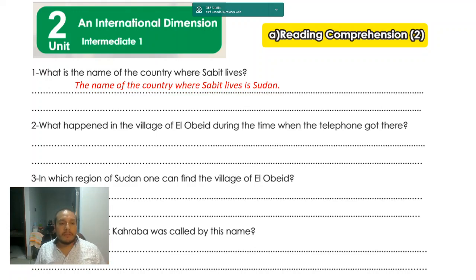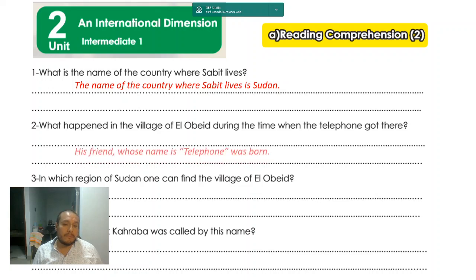Okay. So number one, what is the name of the country where Sabit lives? As the text says, he lives in Sudan. So the solution would be the name of the country where Sabit lives is Sudan, right? Number two, what happened in the village of El Obeid during the time when the telephone got there? Do you remember what happened when the telephone got there?